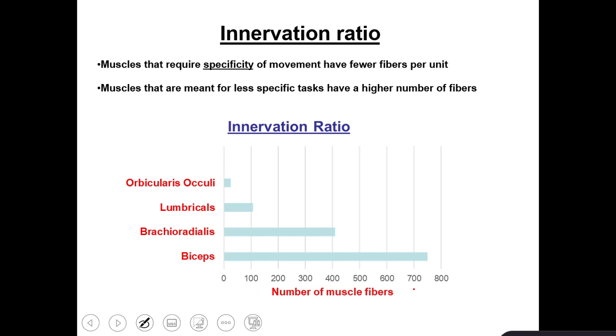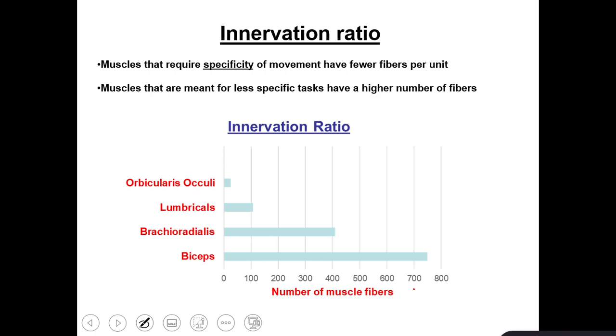The innervation ratio means how many fibers are supplied by a single nerve cell. Muscles that require specificity or precise action, like your eyelid muscles or your finger muscles, lead to fine movement. So they have lower innervation ratio.